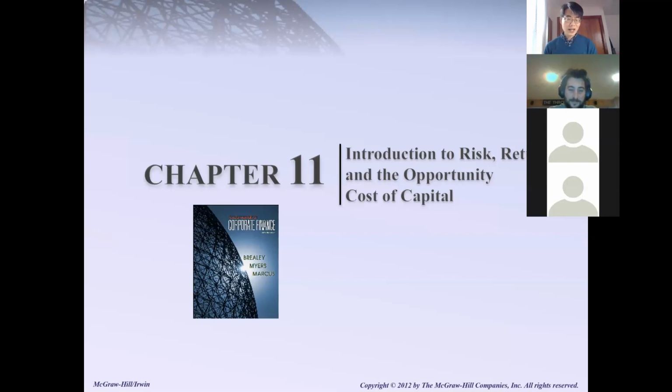So what we're going to do now is that we will introduce the concept of risk. We will talk about how to measure the risk. We will talk about how to measure the risk of a single asset versus the risk of a portfolio, right? And then we will talk about how investors are supposed to make a decision when they invest in a portfolio, when there is a risky asset and a safe asset. Okay.